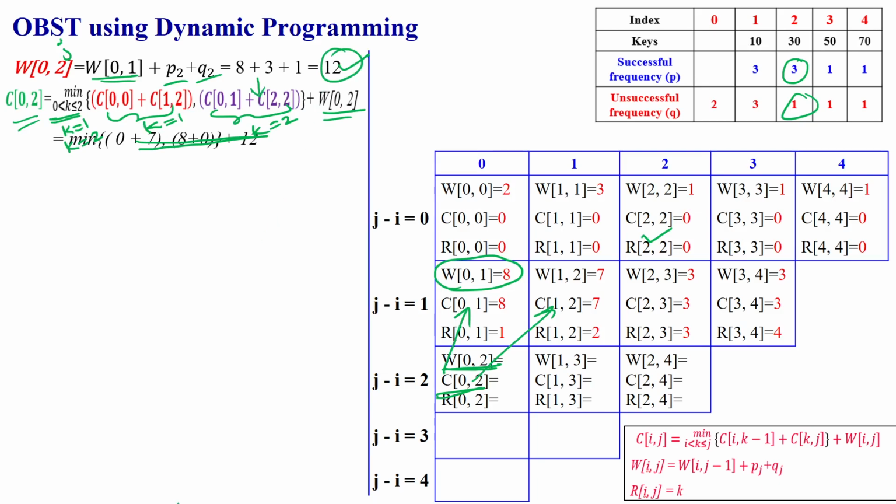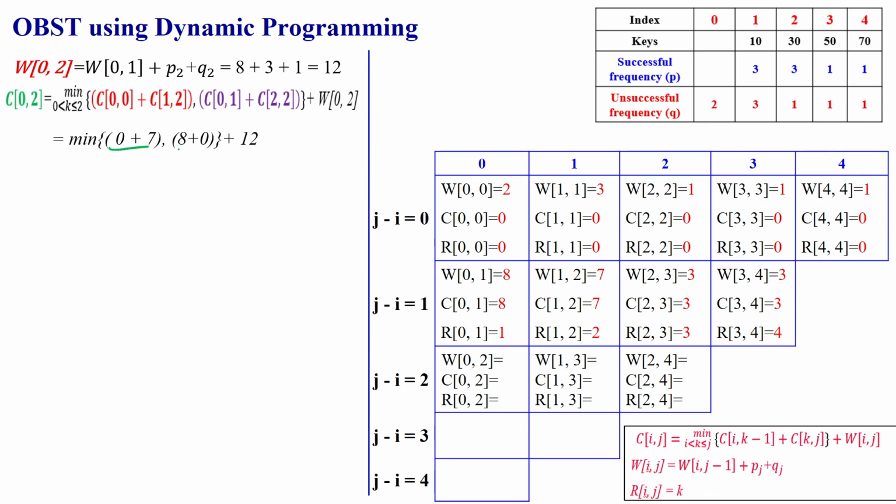So when you are substituting the values, you see you are getting this step, right? 0 comma 0 is 0, and 1 comma 2 is 7, right? And 0 comma 1 we found the value is 8, and 2 comma 2 we already found 0. So when you are substituting that, this term will come, then plus w of i comma j, right? So the minimum of 7 comma 8 is 7, then plus this value 12, gives 19.